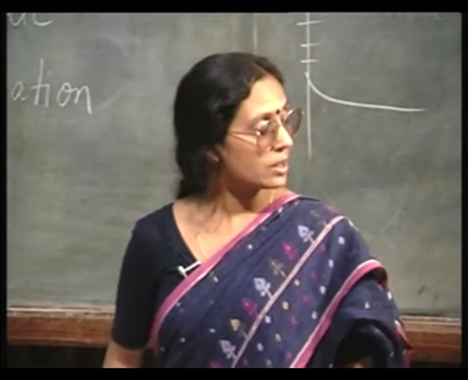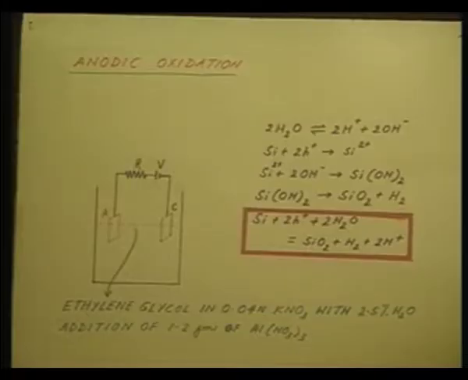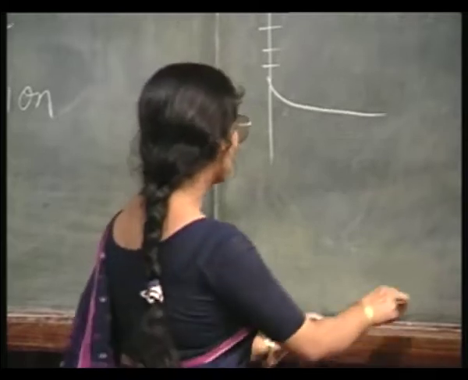In addition to that, it is a liquid electrolyte process and therefore more prone to contamination. Still, anodic oxidation has this advantage of being a room temperature process. So, it can be used as a diagnostic tool.